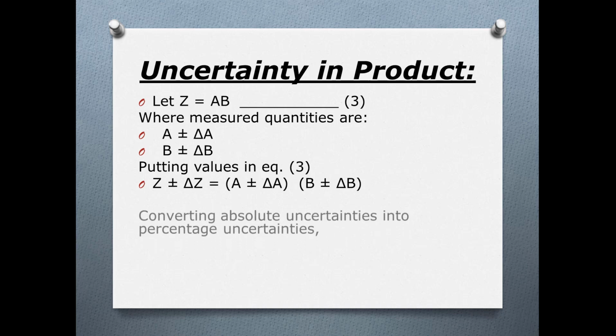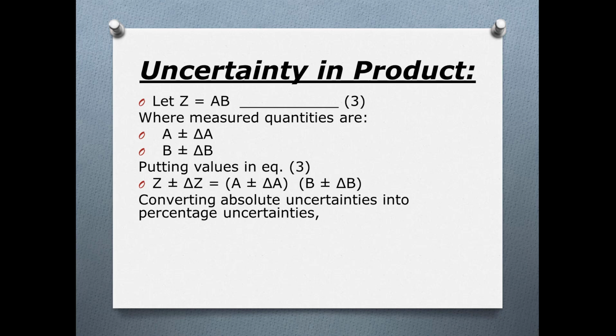Okay, so we have to convert absolute uncertainties into percentage uncertainties, because we have already discussed that in the questions of product and quotient, in the questions of multiplication and division, first we have to find out percentage uncertainties and then we will add those uncertainties. We cannot directly add absolute uncertainties; rather, we will first find out percentage uncertainties and then add them.